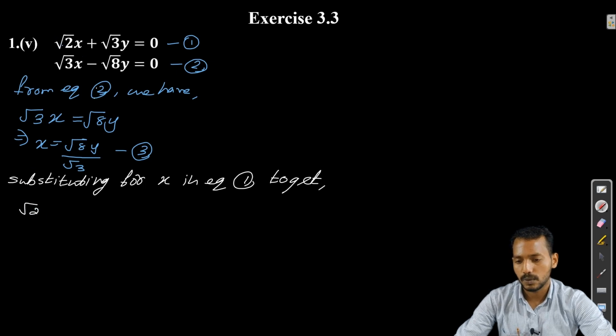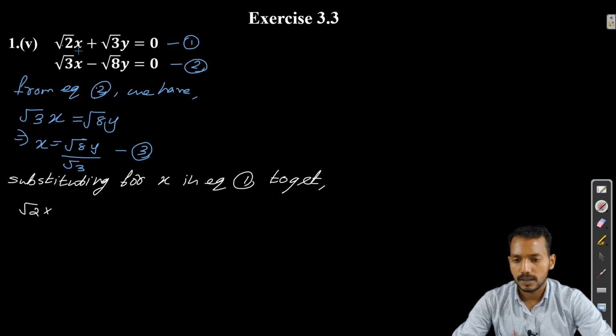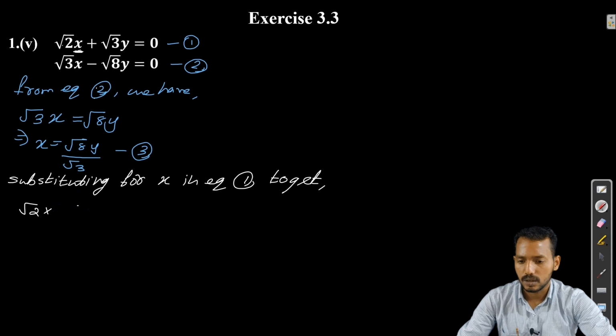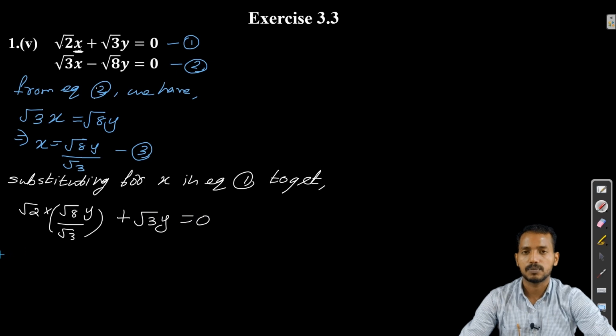Root 2 into, in place of x we have to substitute the value which we obtained in equation number 3, that is root 8 y divided by root 3, plus root 3 y is equal to 0.